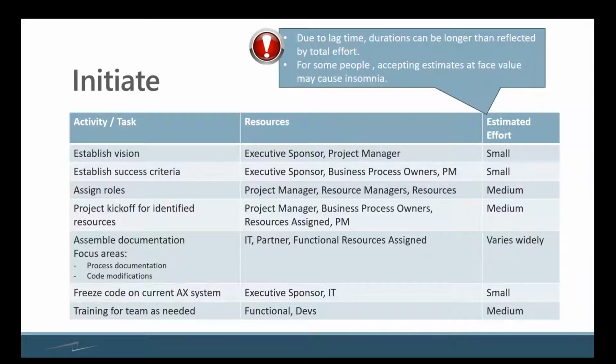And the other thing to note here is that durations really can be longer than the total effort that you have. What that means is that, depending upon where you are in the process, that time may cause it where, all of a sudden, because you haven't established those success criteria, people are spinning their wheels when it comes to figuring out what roles are related to it, right?